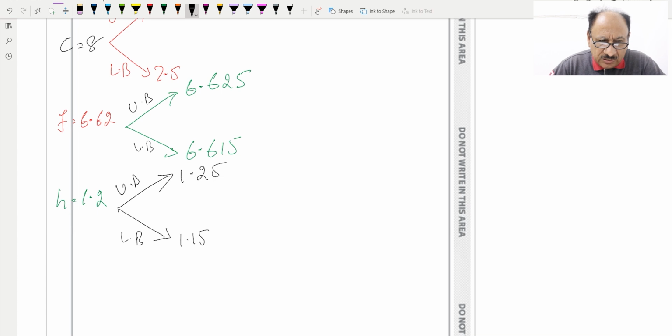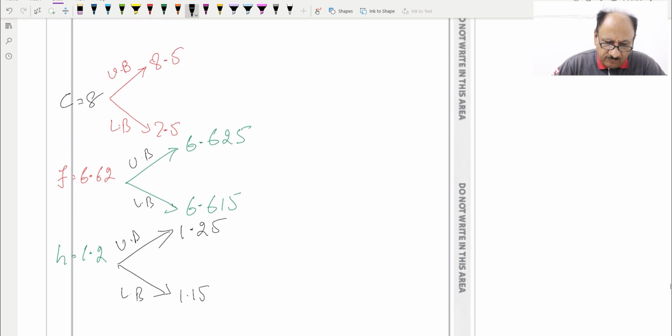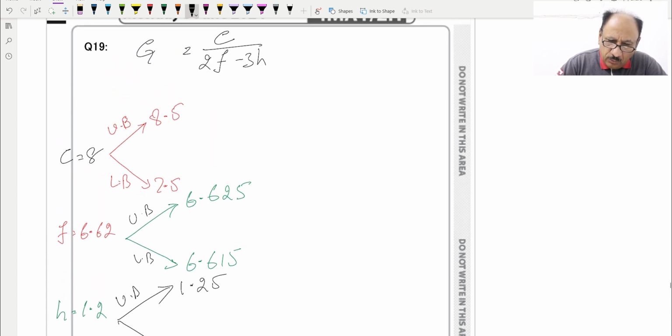Now they are saying work out the lower bound of G. Our target is to get the lower bound of G. So C should be the lower bound, a smaller answer in the numerator, and a bigger answer in the denominator is required.